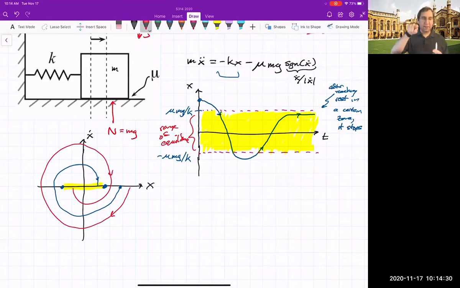So that's what the phase portrait looks like. It looks kind of like, instead of things all spiraling into a point, they spiral into a band. And these are, of course, at mu mg over k, negative mu mg over k.